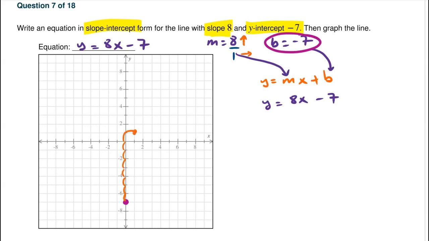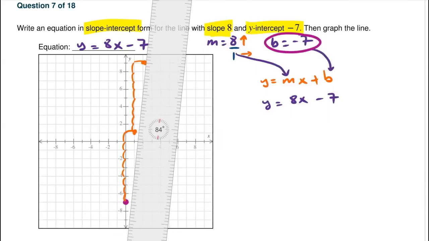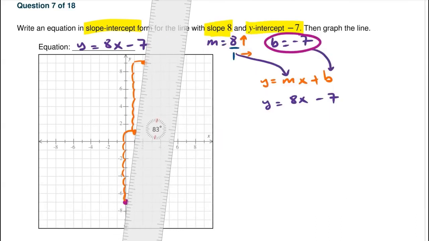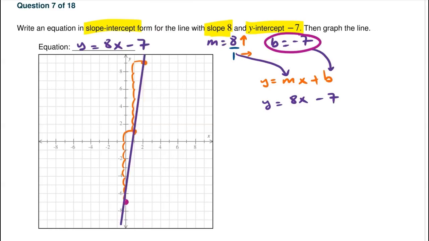Run 1. Then we draw the line, go through those 3 points. That's it for number 7.